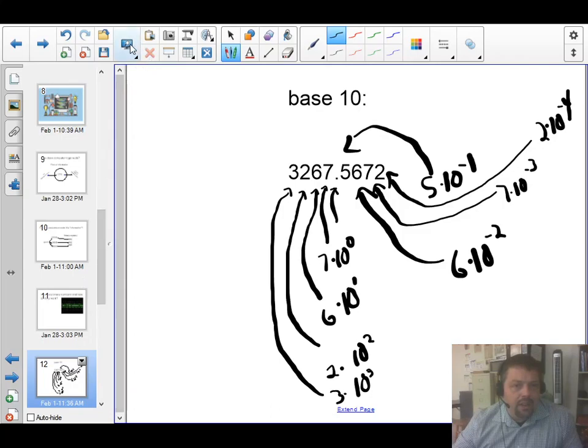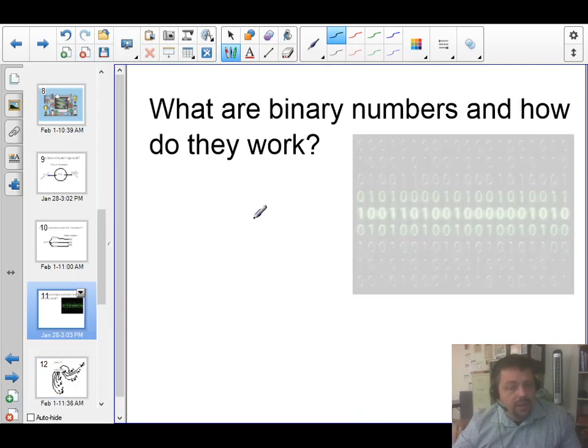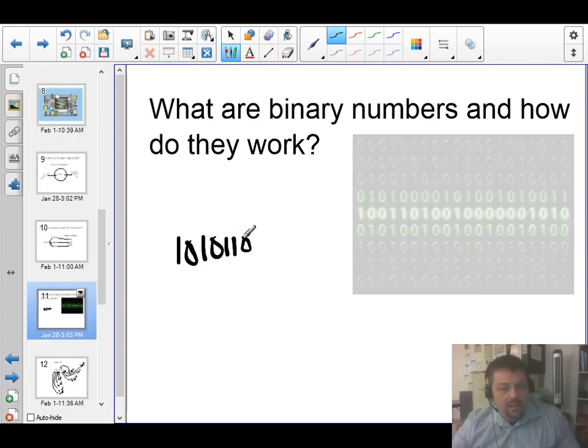So binary is similar to that, but first of all, it has no decimal, so we don't deal with fractional numbers in binary, at least not typically. What you're going to have is a series of ones and zeros. So here's just an example of a binary number.